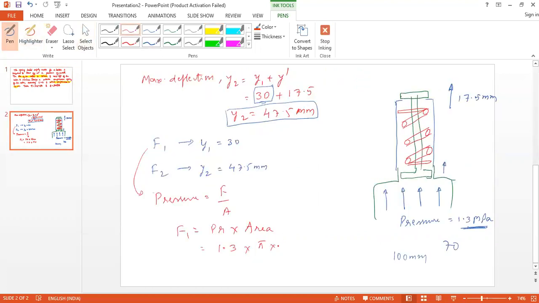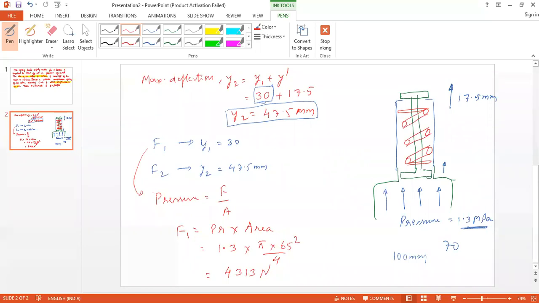So here pi into 65 square by 4. So what is F1? F1 is 4313.799 Newton.